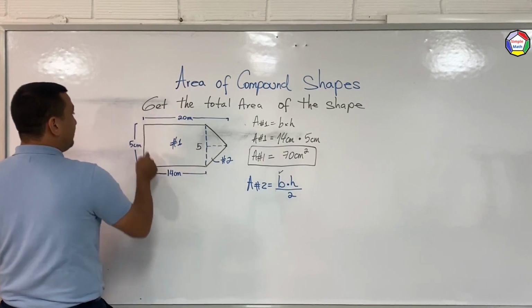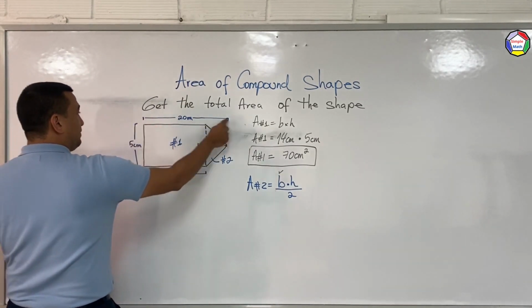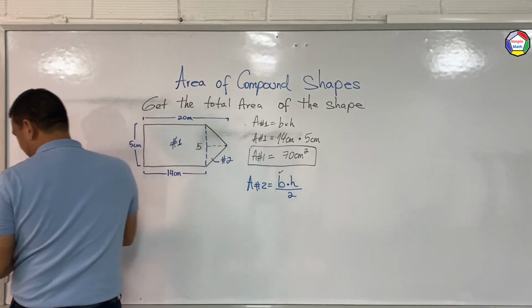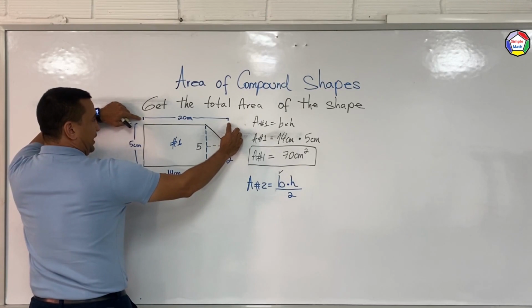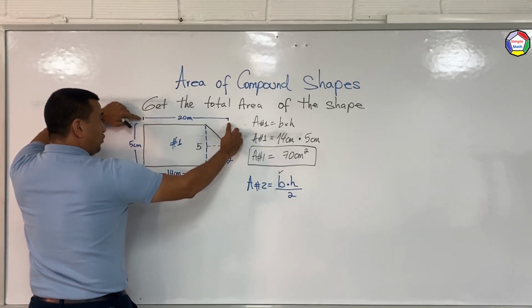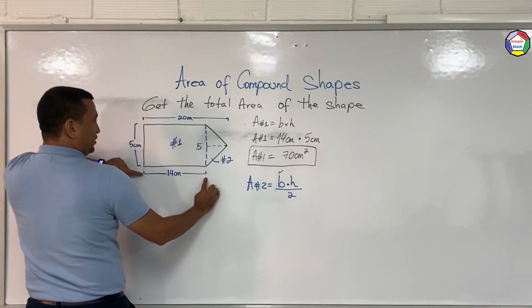How? You know that from here to here is 20. We also know that from here to here is 14.